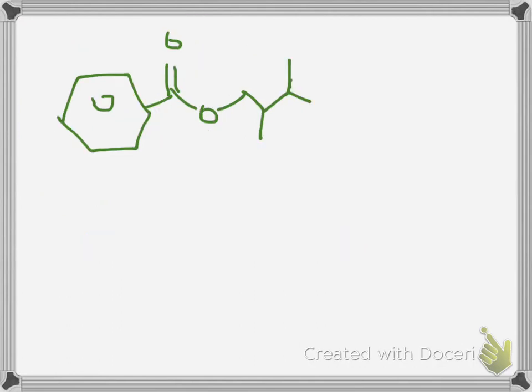Okay, so I've now drawn this example, and I'll give you a moment to figure out which side is the alkyl side and which side is the acyl side. Is the side on the left the alkyl side?